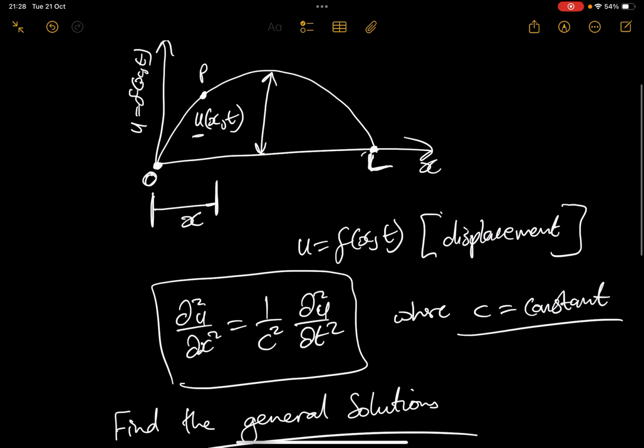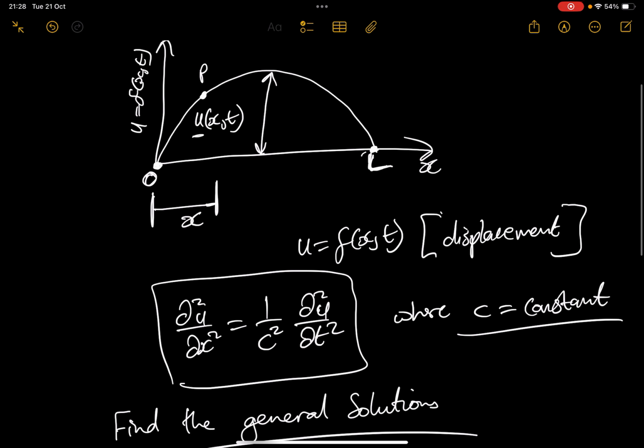So now from this trial solution, we have represented the second partial derivatives with respect to x and with respect to t, and we are going to substitute in our main equation. Remember, our main equation was d2u/dx squared equals 1 over c squared d2u/dt squared.